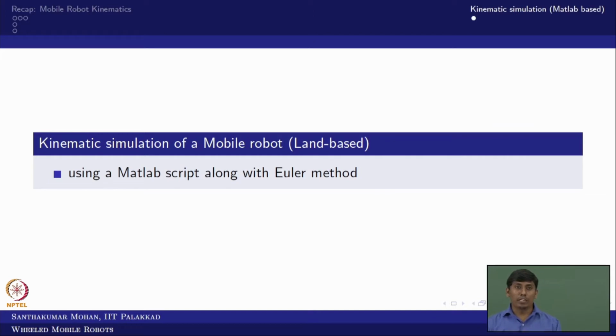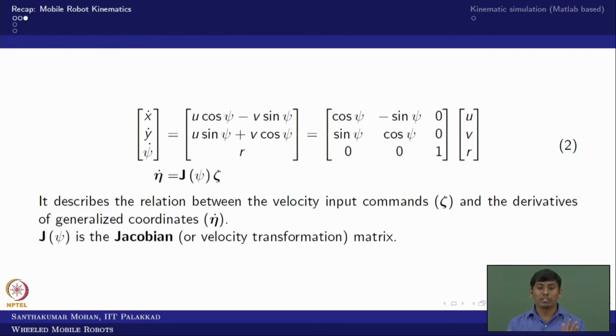This particular lecture is mainly focused on the kinematic simulation of a mobile robot. We would be taking these equations, where x dot, y dot and psi dot are written in matrix and vector form, and that is what we are going to integrate. In simple terms, simulation here means solving an ordinary differential equation; we are writing code for an ODE solver.